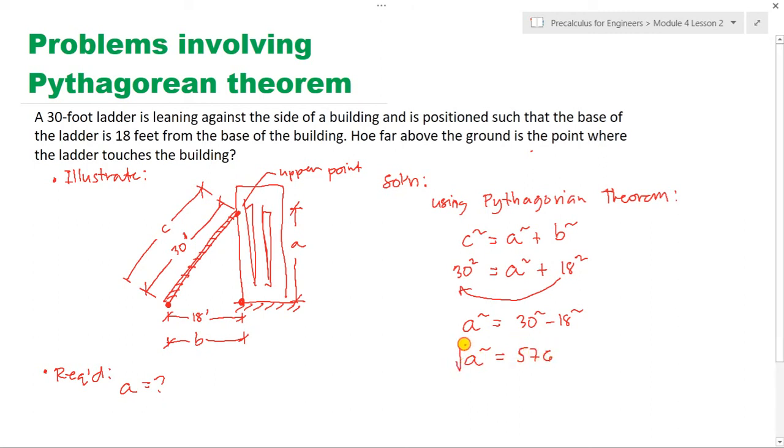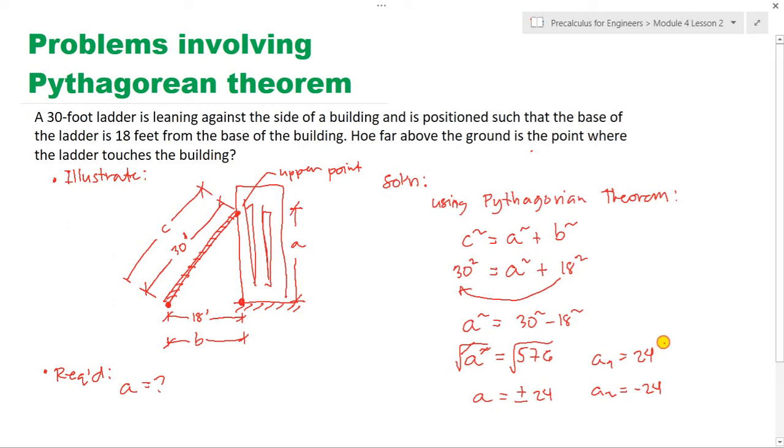Then taking the square root on both sides, the exponent and index cancel. So what's left now is a, which is equal to two values, class, always remember two values. The square root of 576 is equal to 24. Of course, the first root is 24, the second is negative 24.